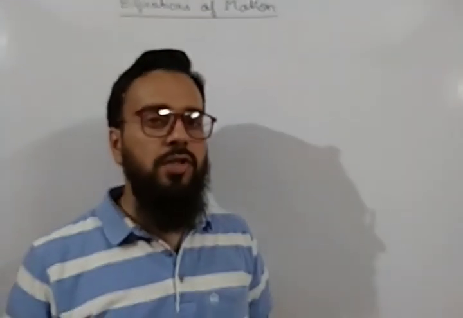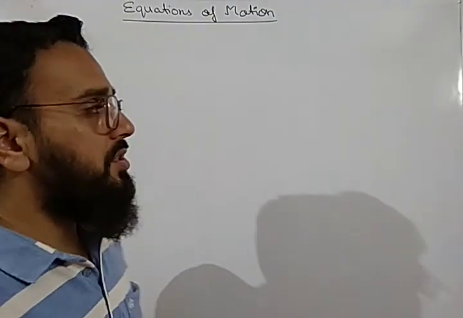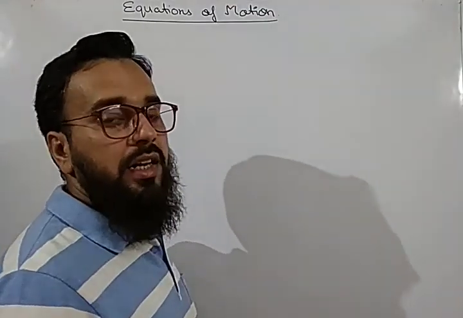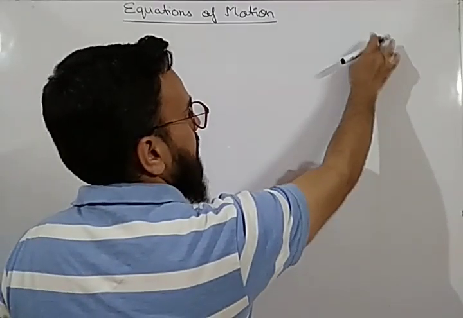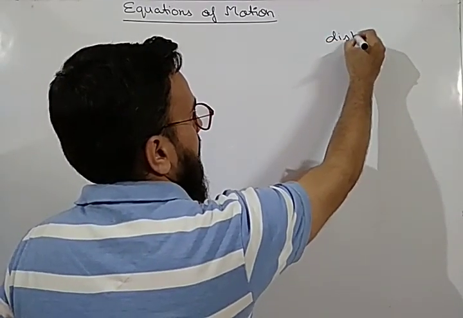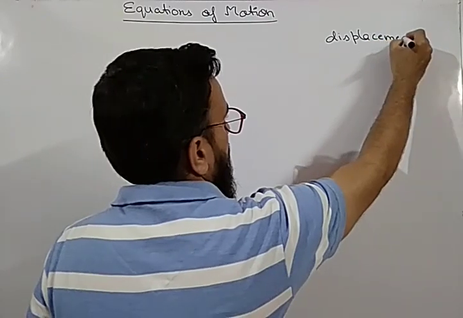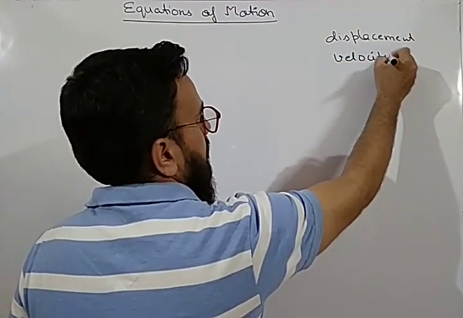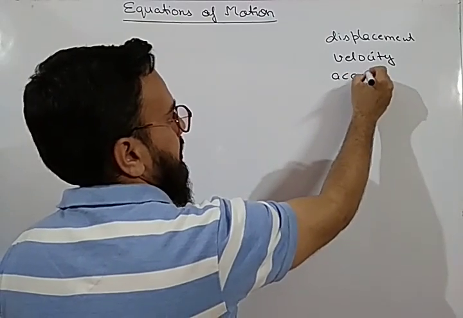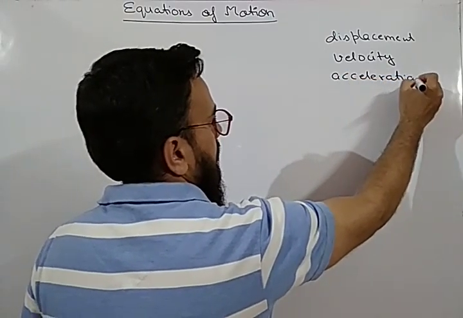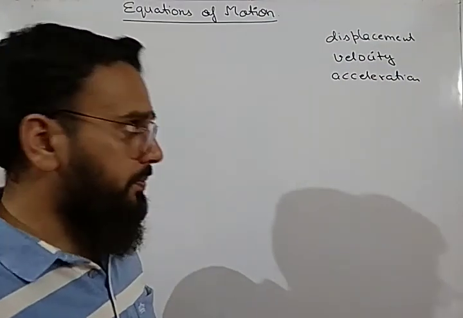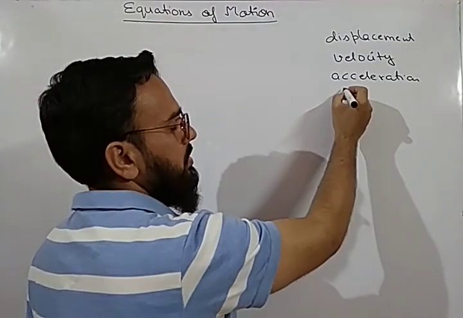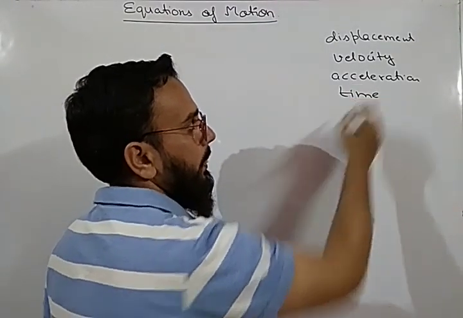So what is this equations of motion? Since we have studied different terms regarding motion, we have studied about displacement, then we have studied about velocity, then we have studied about acceleration. We have studied all these three terms, and their relation with time.